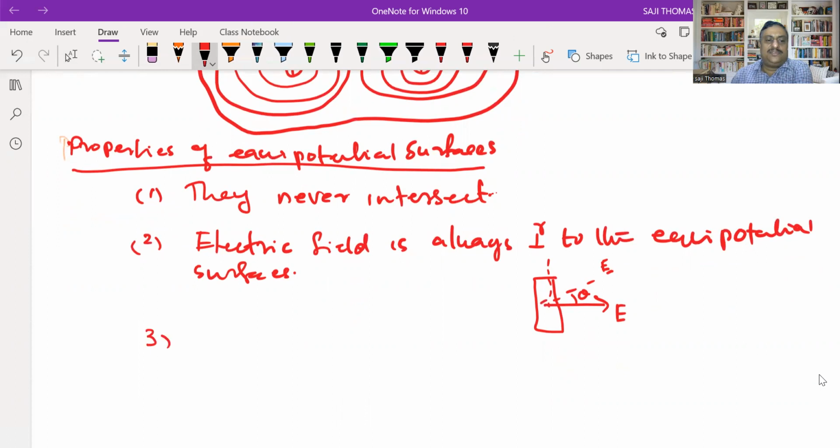Now third, you know, at all points on an equipotential surface, potential is the same.